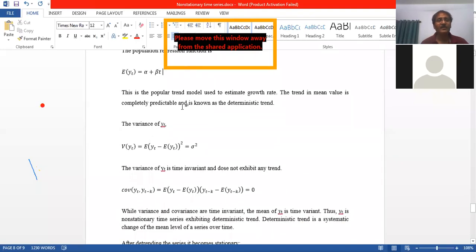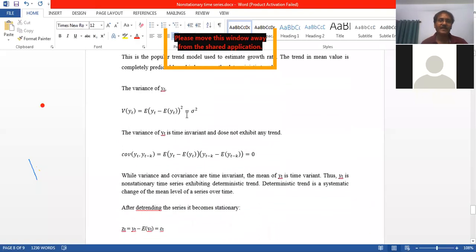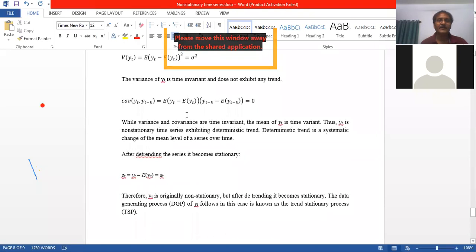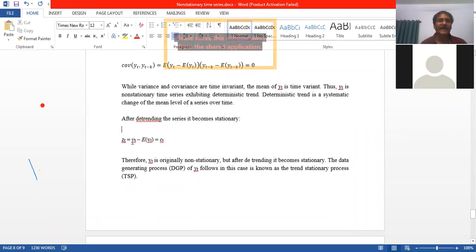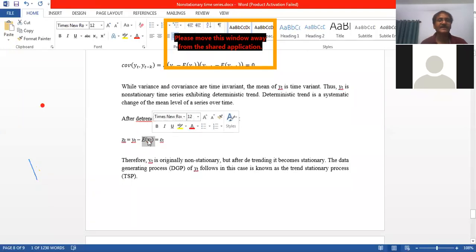Now, here yt is non-stationary, but if we generate a new series by taking mean deviation, that is, you have yt as the original series, you have the mean value of yt like this, the mean value indicating a trend.